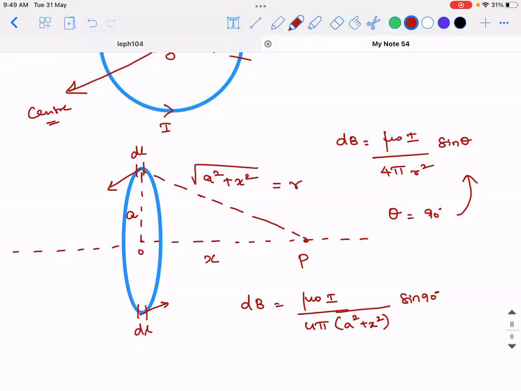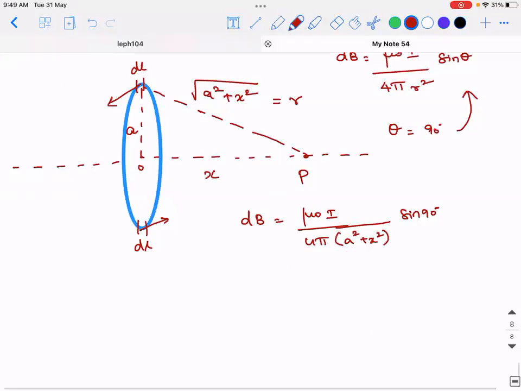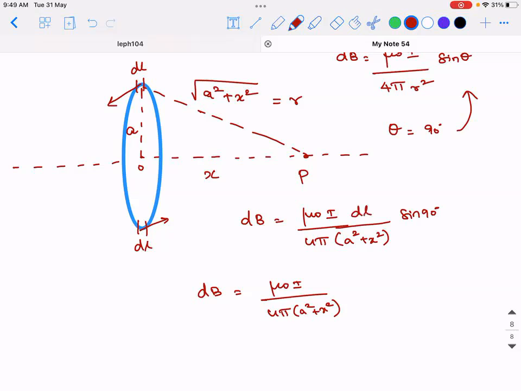So I repeat it, I wrote it as mu naught I divided by 4 pi into A square plus X square because it is root of A square plus X square the whole square. Sir, where's the DL, sir? dB equal to mu naught I DL by 4 pi R square sine theta. Yeah, DL I forgot. Okay, mu naught I DL. Yes. So into sine 90. Sine 90 is obviously going to be 1. So I got this. Okay.